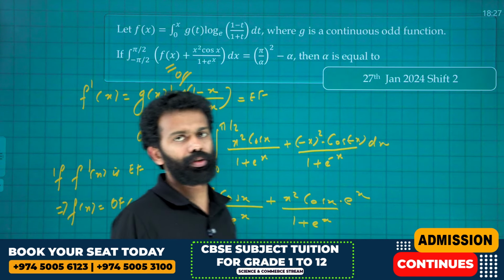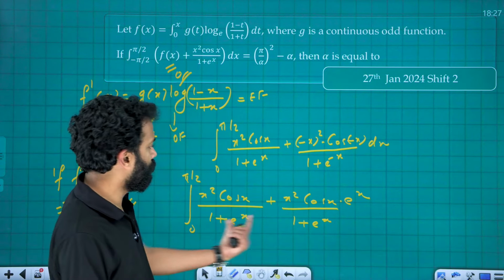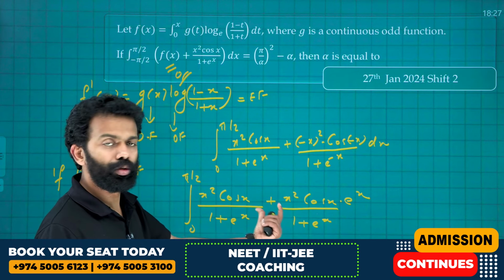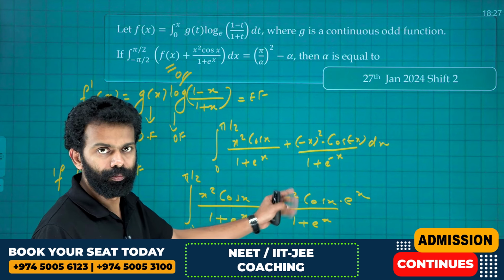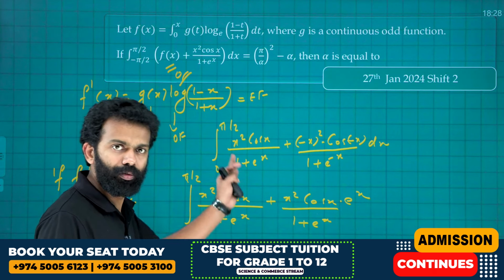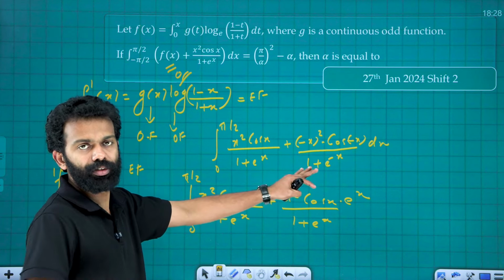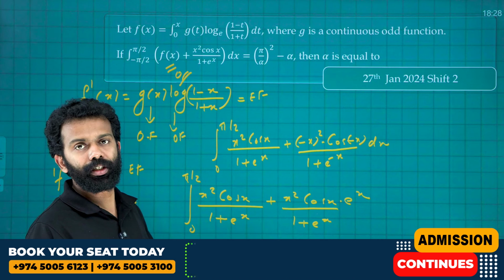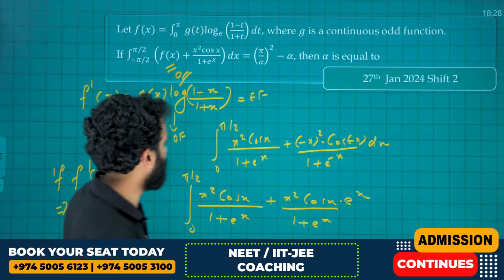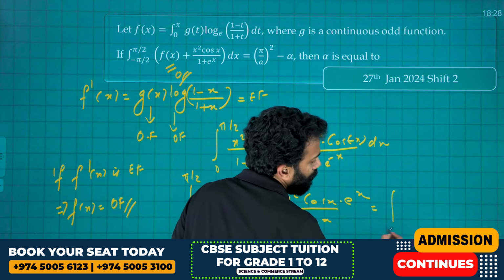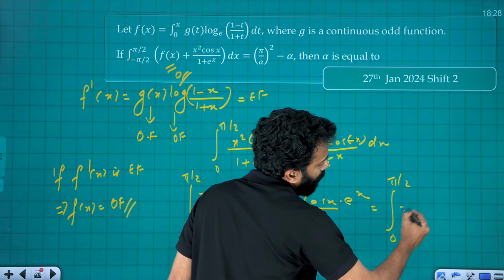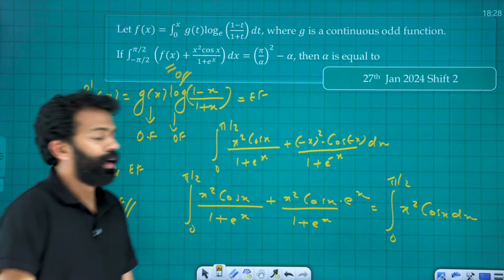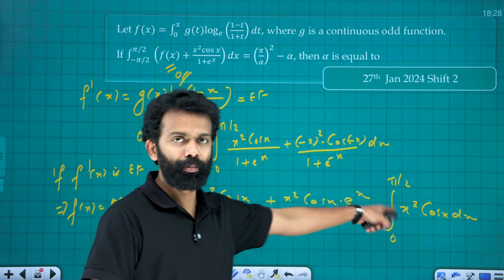Multiplying here and here with e raised to x, that's all. Okay. So, if you observe closely, the denominators are same, therefore, we can assemble it. And if you consider the numerator, x square cos x will be common. And if you take x square cos x, it will be 1 plus e raised to x, which is left in the numerator. That 1 plus e raised to x and this 1 plus e raised to x can be cancelled. Therefore, the result will be integral 0 to pi by 2 of x square into cos x dx.